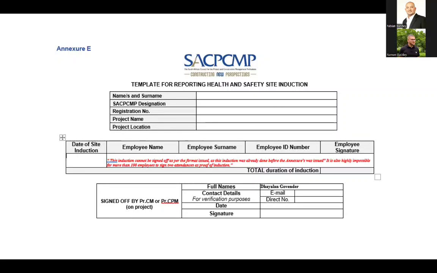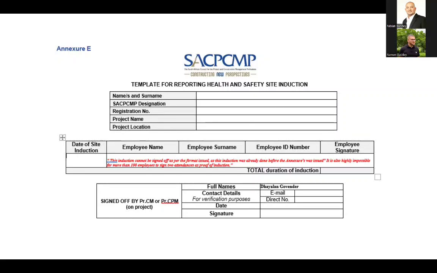And then you're going to get total duration of induction. So for example, if you've done a 10-hour induction or 5-hour induction or 3-hour induction, with that attendance register, with that Annexure E for that particular date, you're going to mention the number of hours that you had completed or presented the induction.